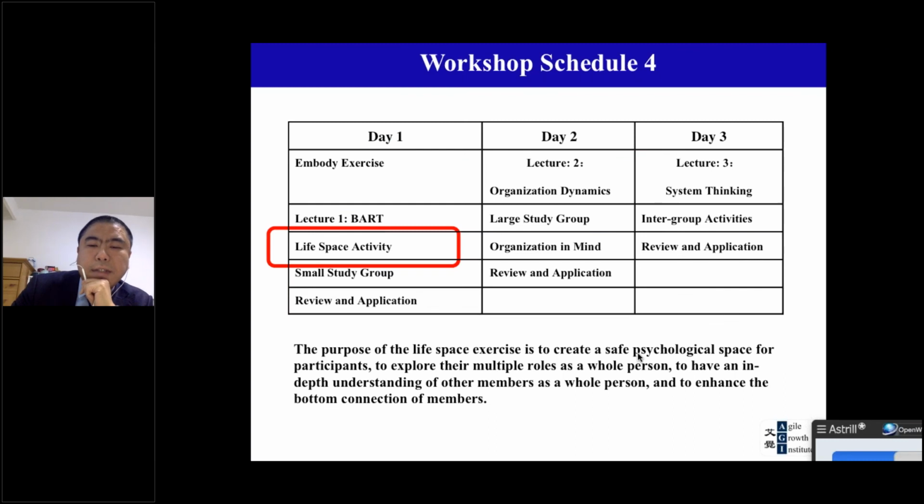The purpose of this activity is to create a safe psychological space for participants to explore their multiple roles as a whole person and to have an in-depth understanding of other members as a whole person and to enhance the bottom connection with each other.